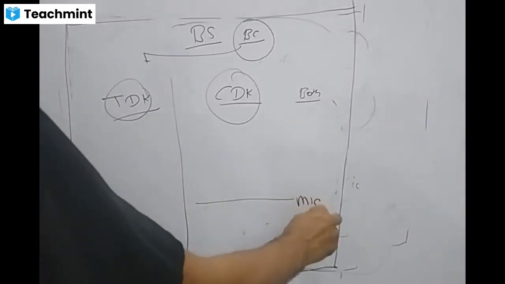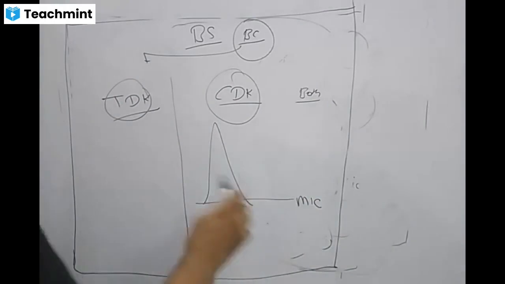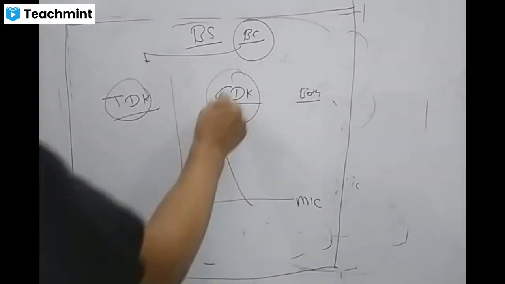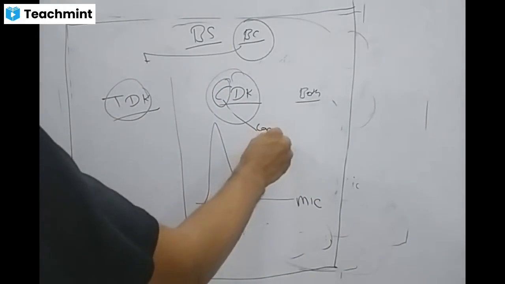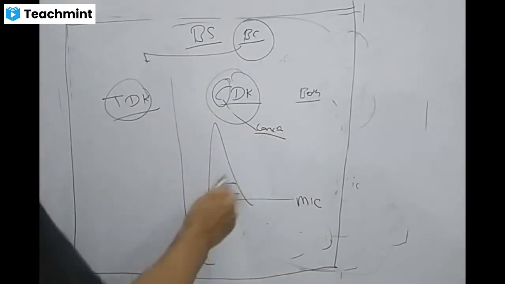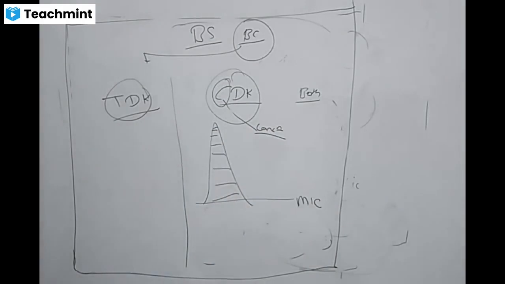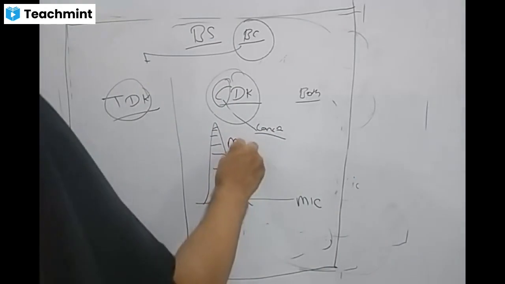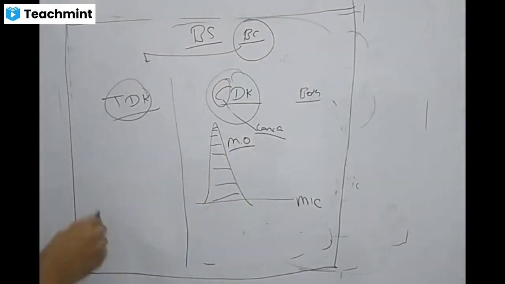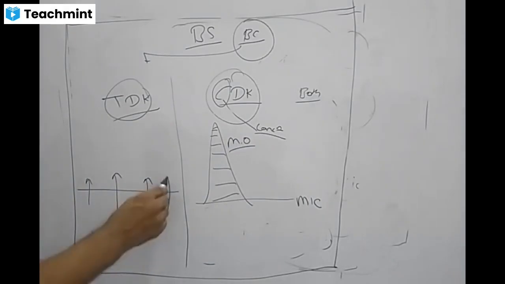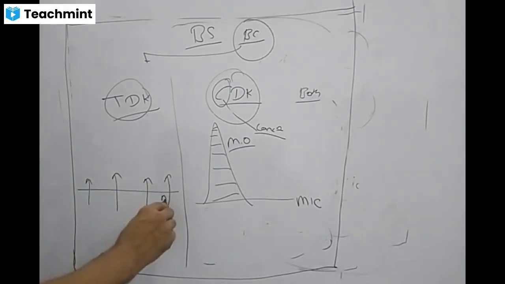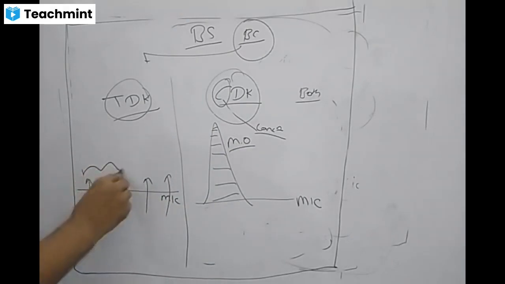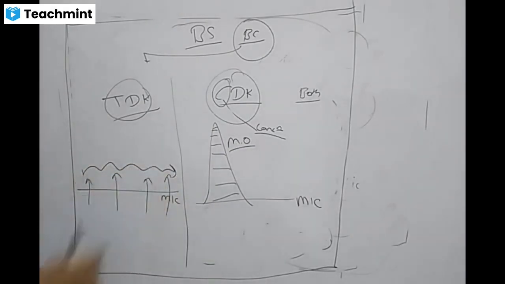Suppose this is the MIC. If we give a single dose, that is your concentration. So this concentration is enough to remove or destroy all the microorganisms. But in case of time dependent killing, we need to give the drug multiple times a day so that the concentration remains high above the MIC level.